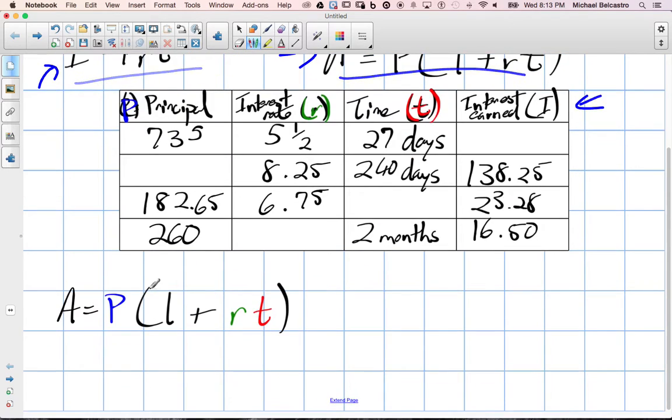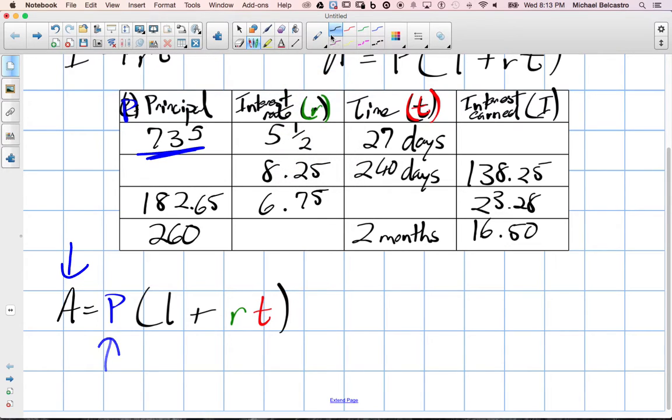Okay, what this formula is, again, is we're putting in an original amount and seeing how much will be in the bank account after. So we plug in our values. We have a principal of 750, okay, so our amount is going to be equal to the 735 times 1 plus the interest rate. Okay, so the interest rate is 5.5.